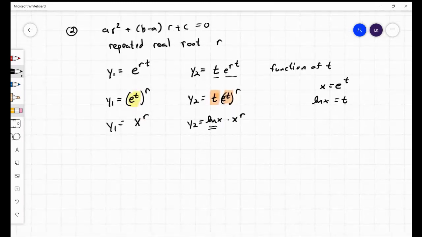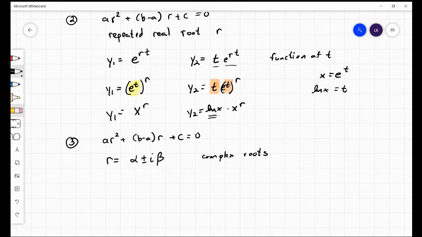Most interestingly, let's look at the third case, where in your characteristic polynomial you get complex roots. When we're solving for y as a function of t, we already know the solution. It's going to be e to the alpha t times cosine of beta t, and the second independent solution is e to the alpha t times sine of beta t. That came from working with differential equations with constant coefficients.